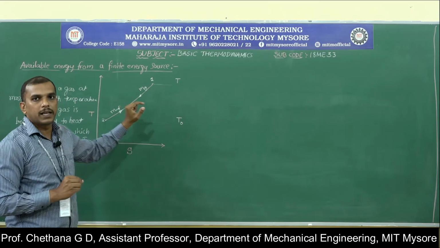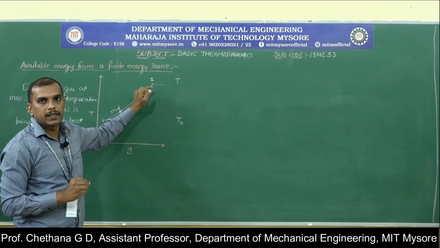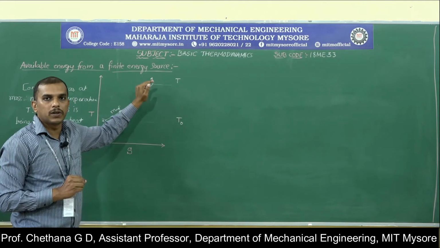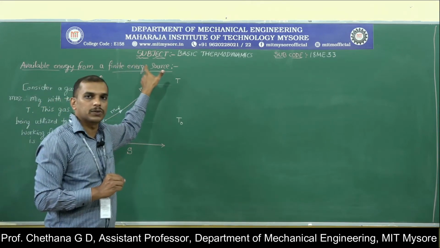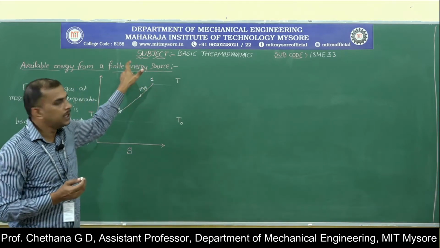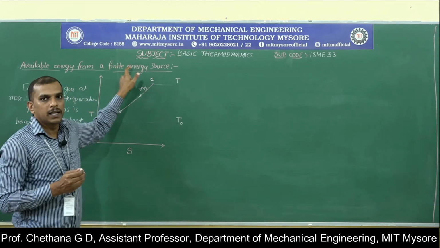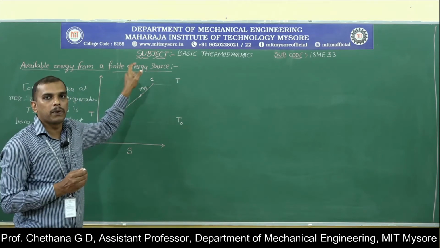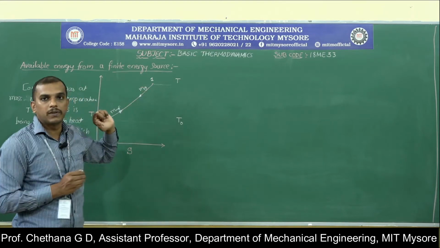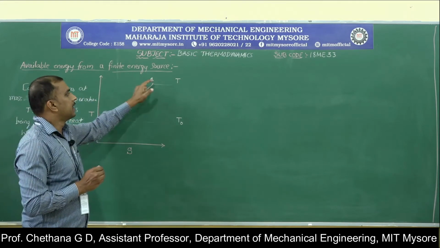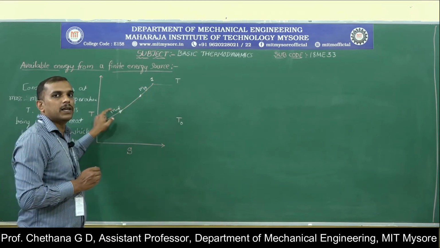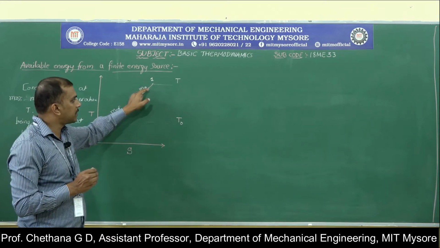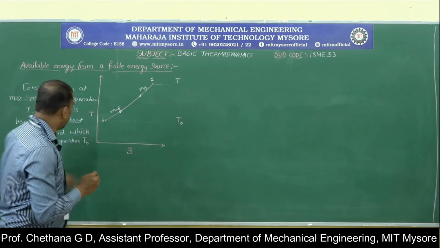Now we are assuming that, as we said, the temperature of the source is also dropping because it is a finite energy source. If you draw some amount of energy, the temperature of the energy source is going to drop. So in order to make the process reversible, we are assuming that the process of losing the heat is at constant pressure.